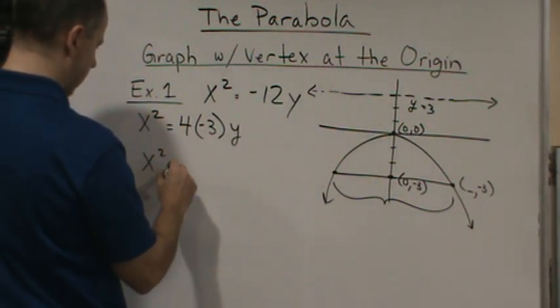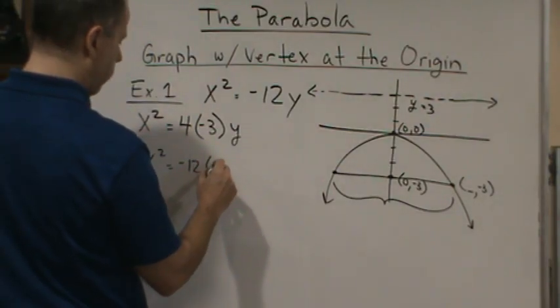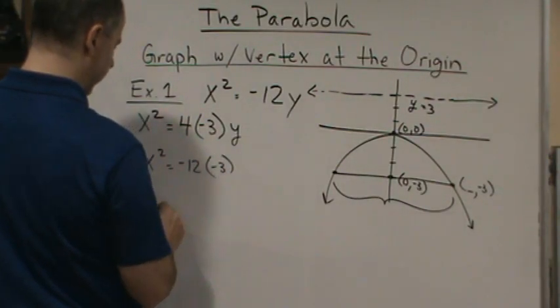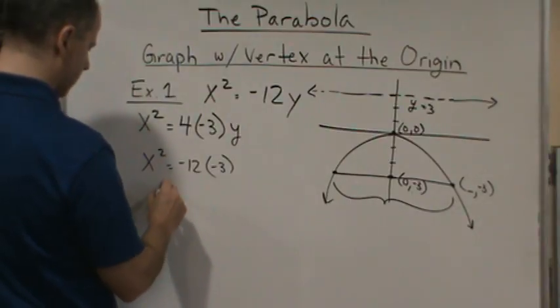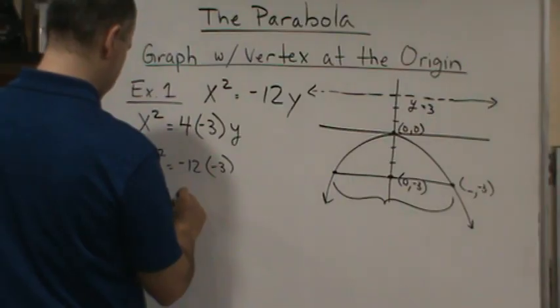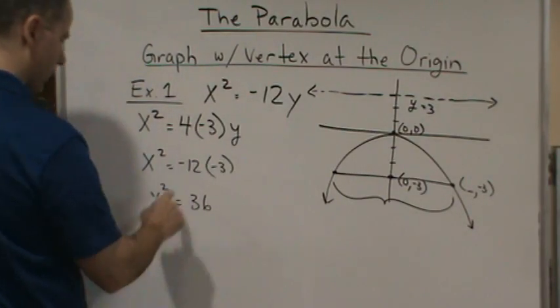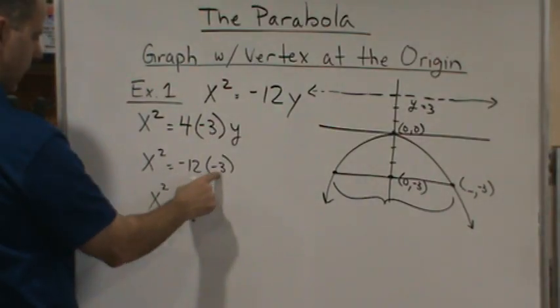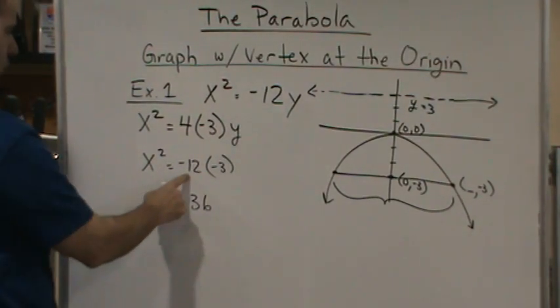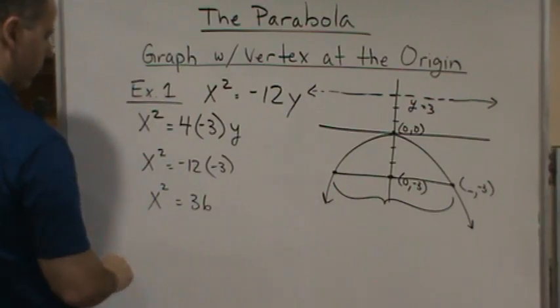So x squared equals negative 12 times negative 3, which means x squared equals what? 36. Notice how the negative signs cancel. They should, right? Because we can't take the square root of a negative number.